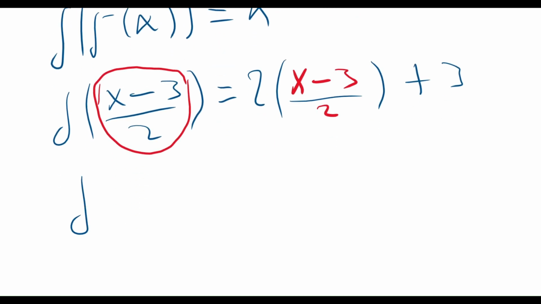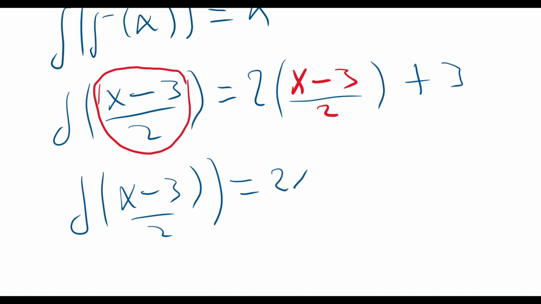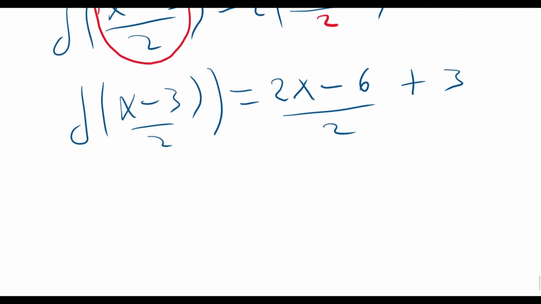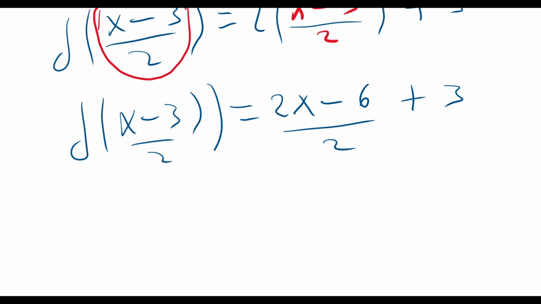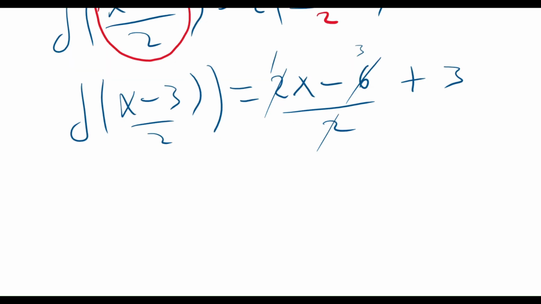So now we can try to distribute this. We're going to have 2x minus 6 over 2 plus 3. So now we can divide by 2. 2 here, 1 time, and 2 here, 3 times.